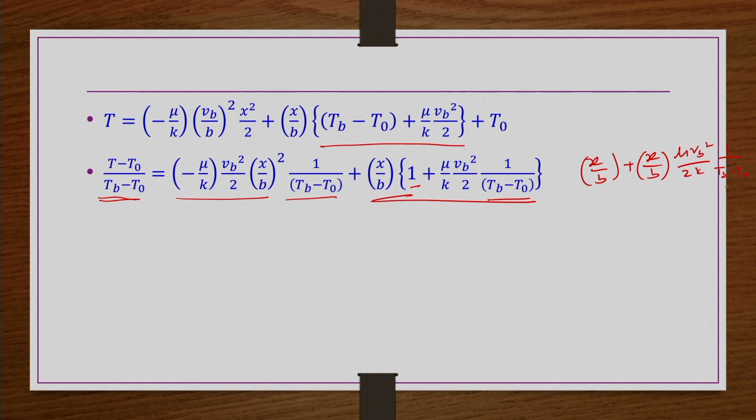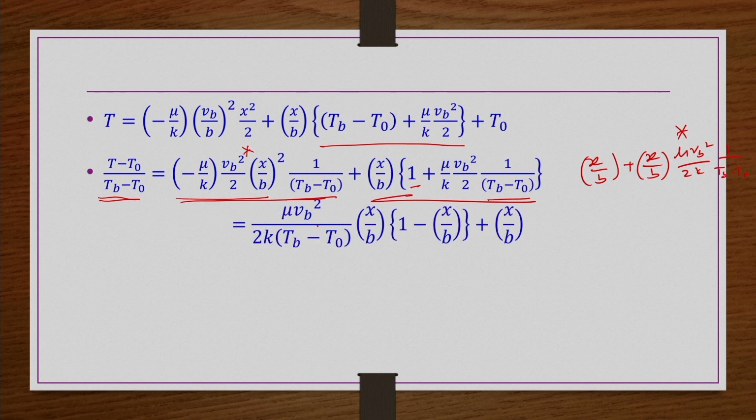From these two terms we will take mu Vb square by 2k Tb minus T naught as common. x by b we also take common. So, this multiplied by 1 minus x by b. From this term, if you take common x by b, another x by b would remain, and then this x by b is as it is.